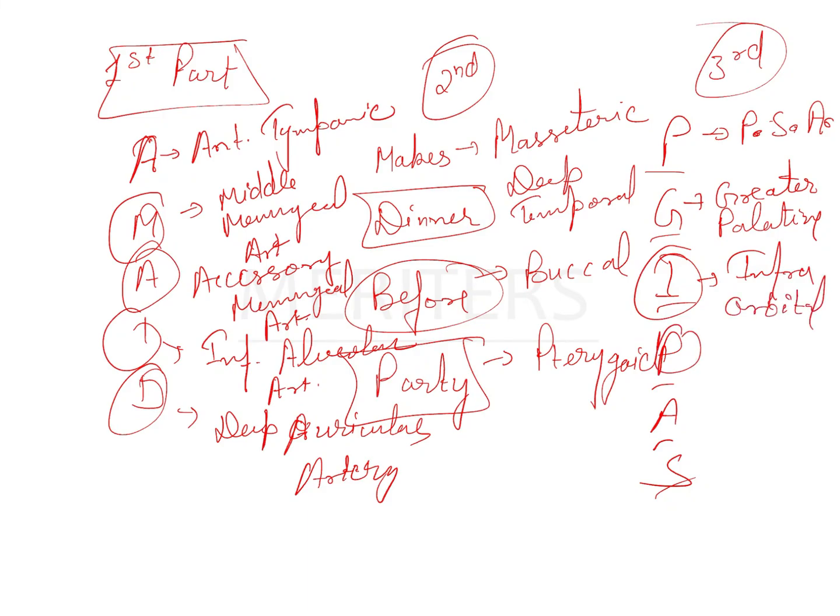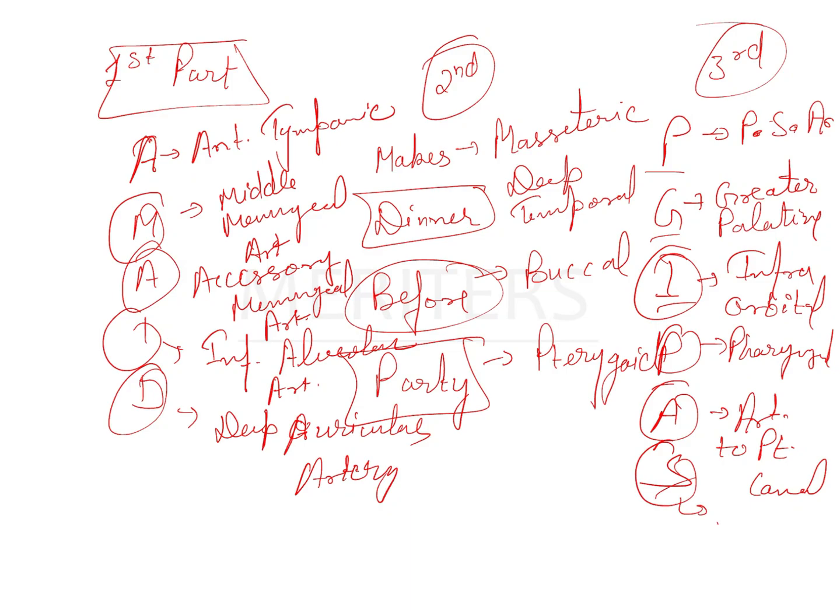P here stands for the pharyngeal branch. A stands for the artery to pterygoid canal, and yes, S of course stands for sphenopalatine. It stands for sphenopalatine.